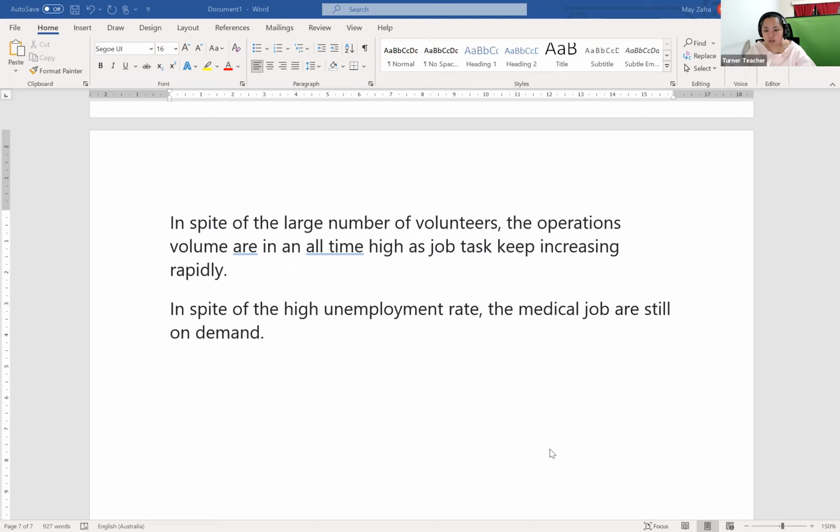In spite of high unemployment rates, students are getting job after they graduate from their experience, or maybe after they graduate from their universities. Oh, yes, sorry. Yes, please fix that. Yeah.